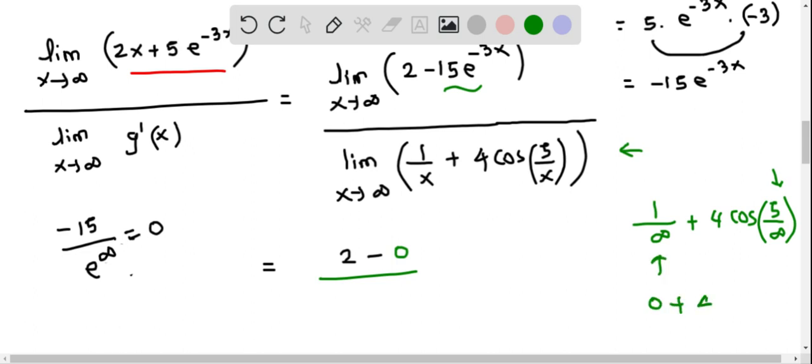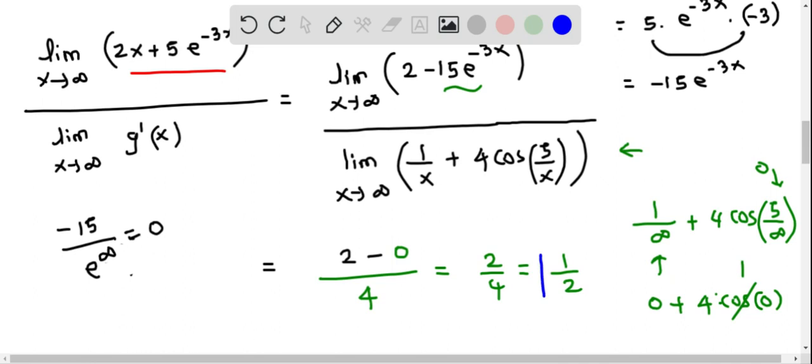So we get 0 plus 4 times cos of something approaching 0, so cos 0. We know cos 0 is 1, so 4 times 1 is 4. So in the denominator, we have only 4. Now this reduces to 2 fourths, which equals 1 half. So we have finally figured out the value of the given limit, 1 over 2. So choose choice B as the answer.